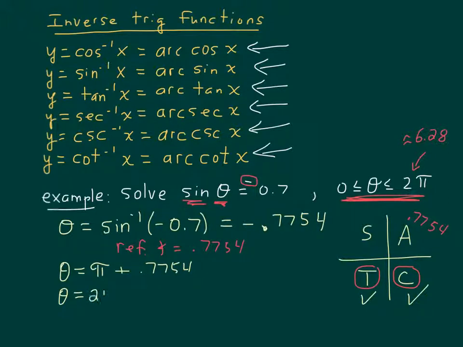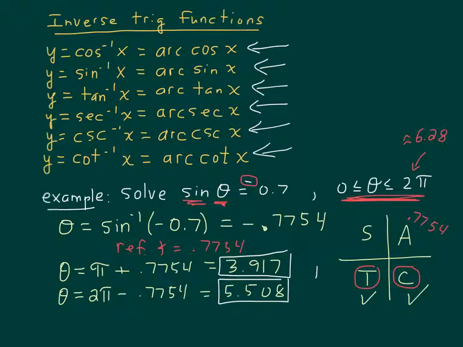And likewise, to get our quadrant 4 answer, in degrees we would be doing 360 minus our reference angle. Well, 2 pi is 360. So 2 pi minus that 0.7754. If we go straight to our calculator for those, we're going to end up with, and it's okay now to round, we're going to go out 3 total digits after the decimal. So these would be our 2 answers.